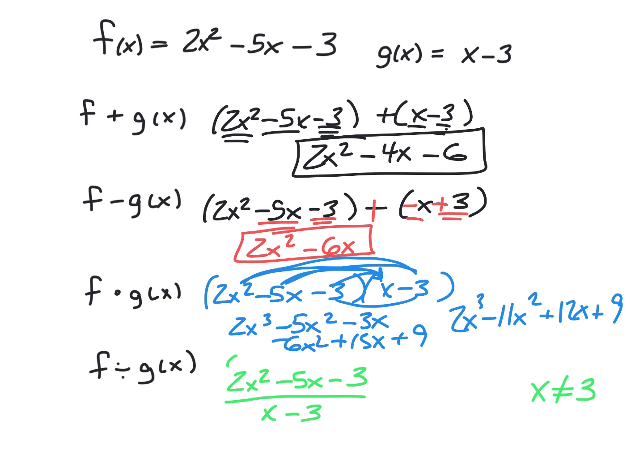So if I would factor this, and I would just put the x minus 3 in there, which means my other factor would have to be 2x, because my first terms have to be 2x squared. This would have to be plus 1. And if you check and see if this works, it does. Your outsides and insides do give you a negative 5x. So x minus 3 is a common factor of the top, which would cancel. And you'd be left with 2x plus 1.